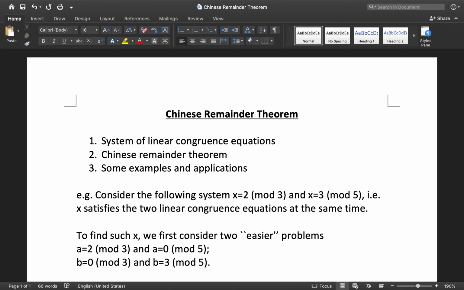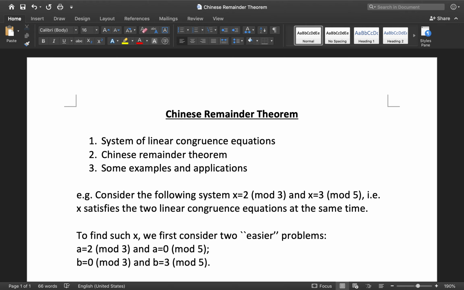So we first solve two systems. Namely, we want to find A and B such that A is congruent to 2 modulo 3 and congruent to 0 modulo 5. That is a little bit different from the x variable, because x is congruent to 2 modulo 3, but x is congruent to 3 modulo 5, so it's not congruent to 0 if you take congruence modulo 5.